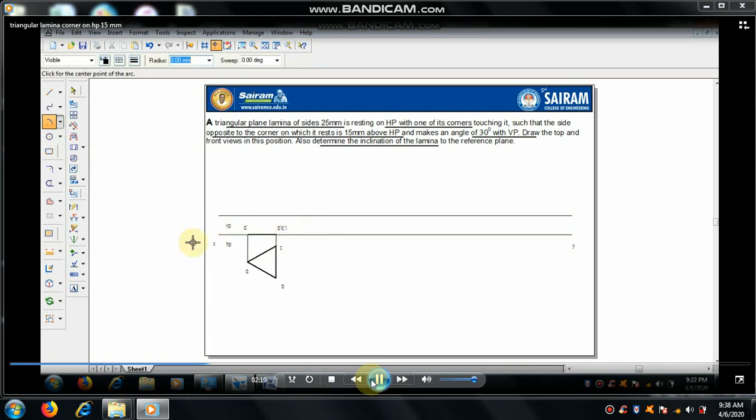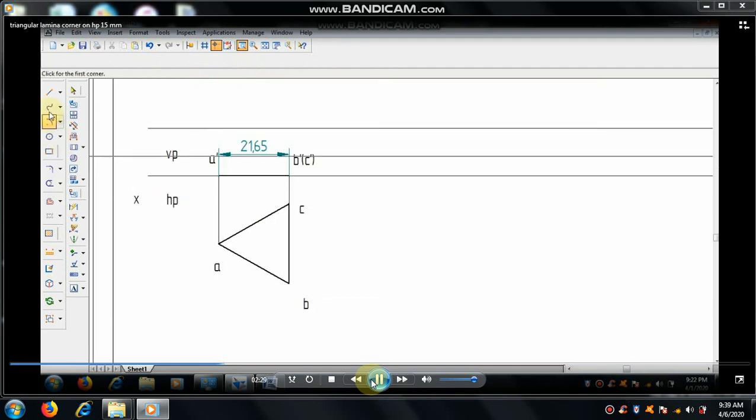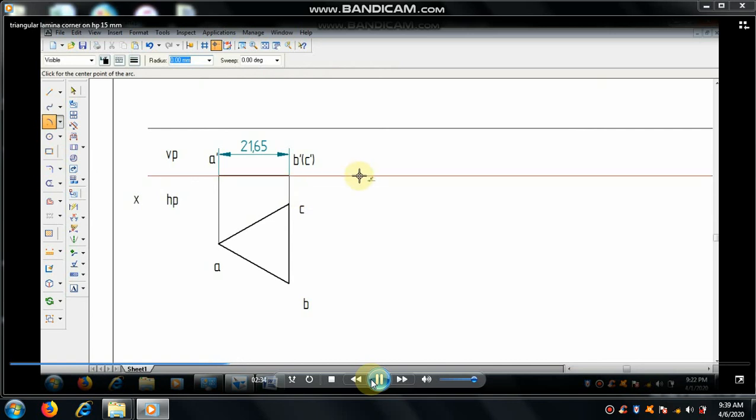Now keep a point and make an arc for the distance given in the front view. We cut it on the locus line, the line 15 mm above HP that we have drawn. So take the radius 21.65 and make an arc.